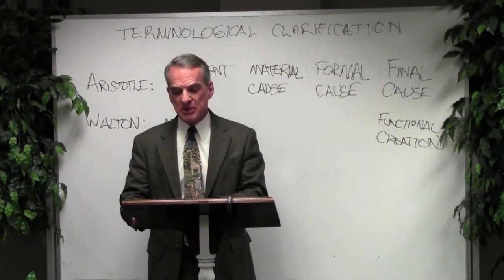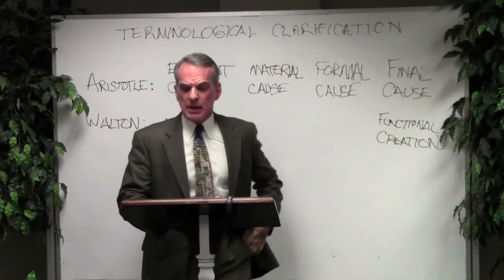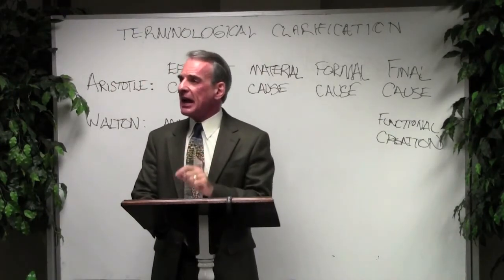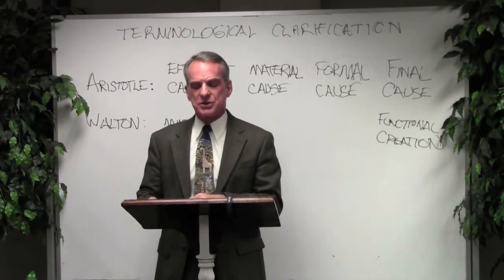For a chair to exist, the material has to be arranged in a certain way as a unified object that has certain specific properties. Now, this is very important because the efficient cause of a chair doesn't have to be the cause of the material out of which the chair is made.